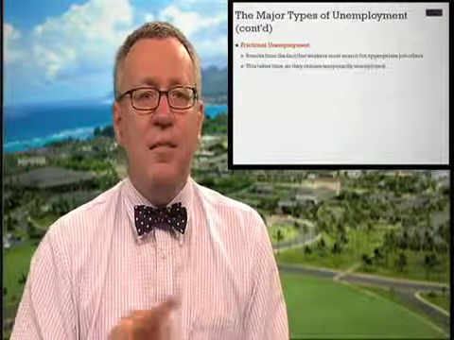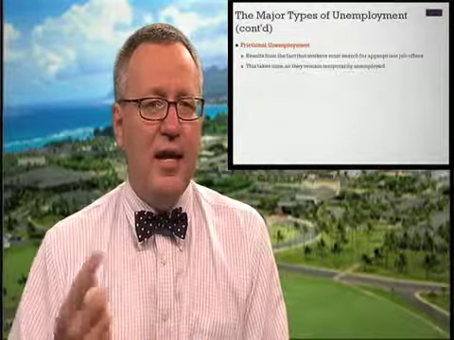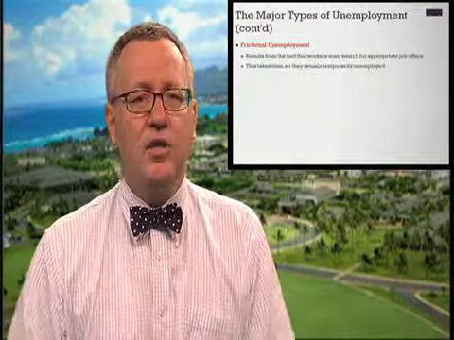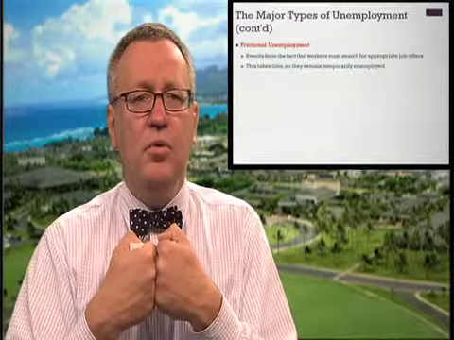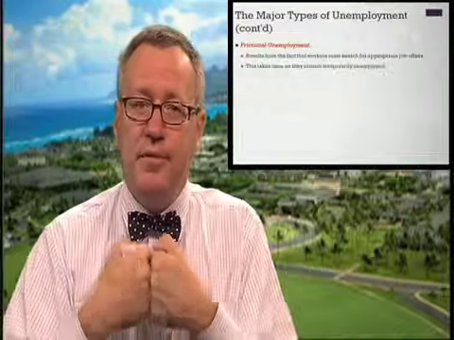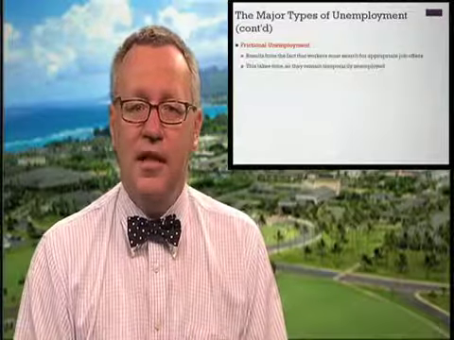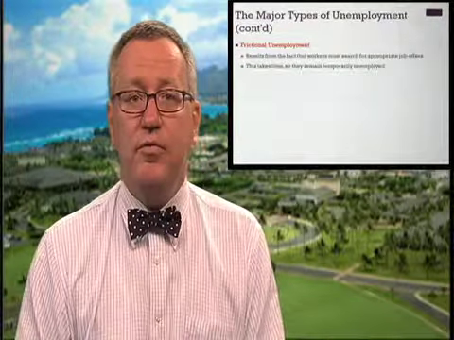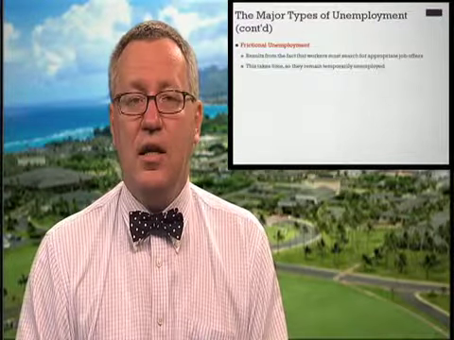You just haven't connected up your skills with the job offers that are out there. And so this is called frictional unemployment. People who are looking for jobs, who are capable for jobs, but can't find the match just yet. That's frictional unemployment. And there's a natural level of unemployment from friction that occurs in any economy all the time.